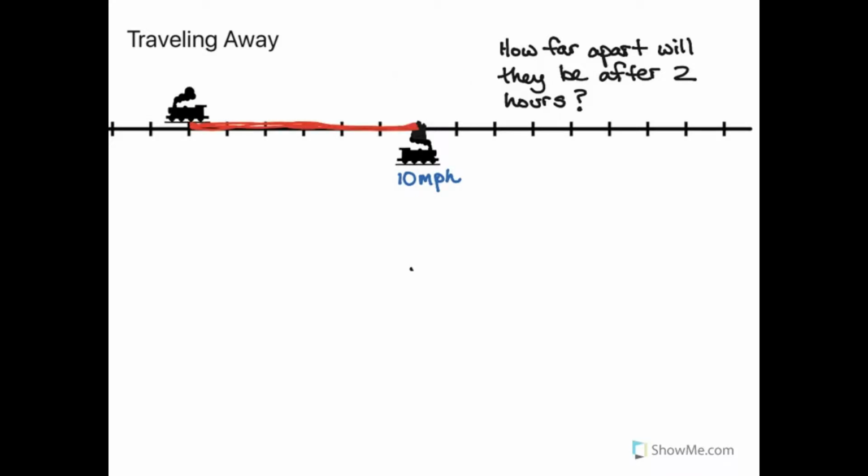Well, the distance traveled by the train going left is equal to the rate times the time. The rate is 60 miles an hour and the time is 2 hours, so that train has gone a total of 120 miles.